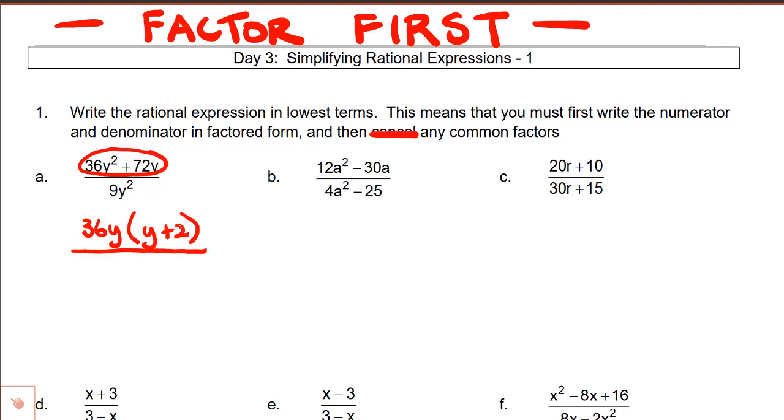And the bottom, since it's a single term, I can factor the Mickey Mouse way. 3 times 3 times y times y. Then, since this 36y is by itself, I can factor that the Mickey Mouse way. 3 times 12. But what's 12? 3 times 4. But what's 4? 2 times 2. And the y is still there.